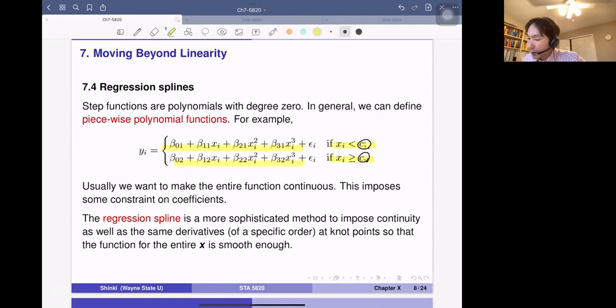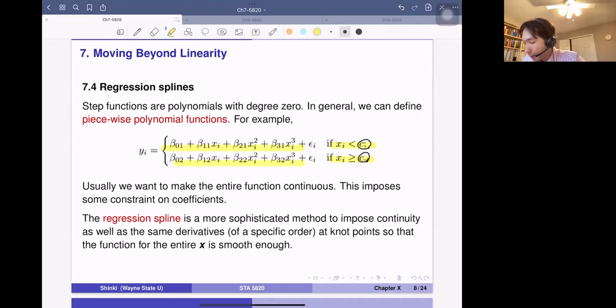Of course we need more parameters. If we fit the cubic curve for each interval, then we need twice as many parameters, so we have 8 parameters here. And of course, we have to decide c also, but for now, we think about the case that c is given.